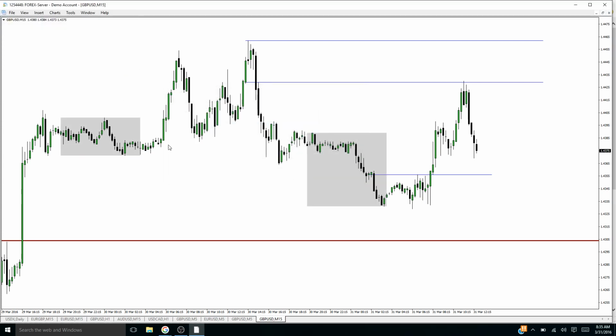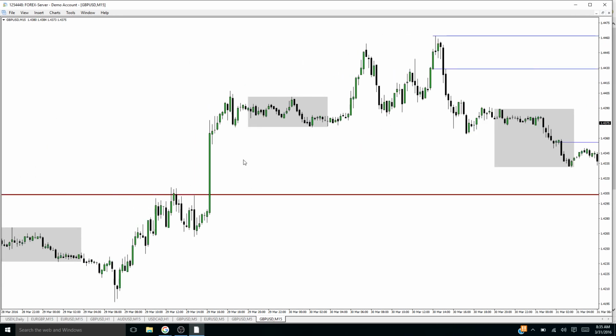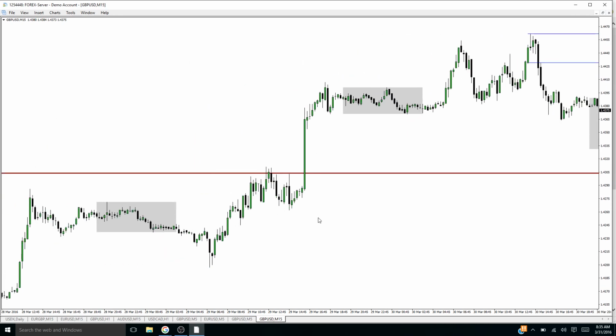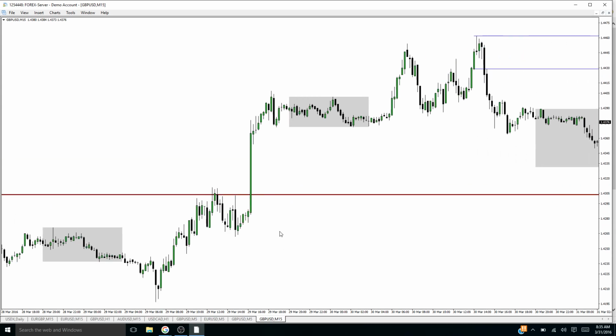Okay, so now what we have is we've posted the range on the day, and what we're looking for is deviations on this. I'm going to try to keep the chart as clean as I possibly can. This is the last 2 days on cable. We had one deviation down.